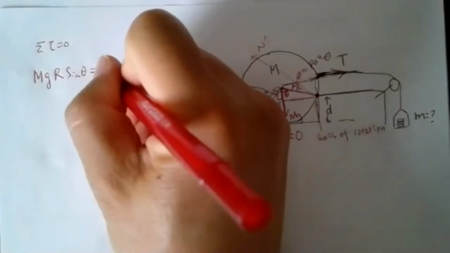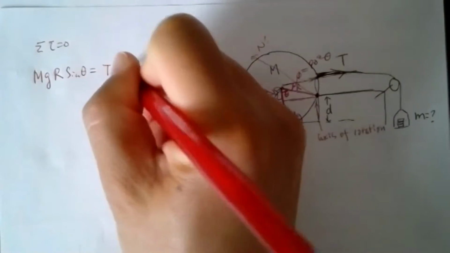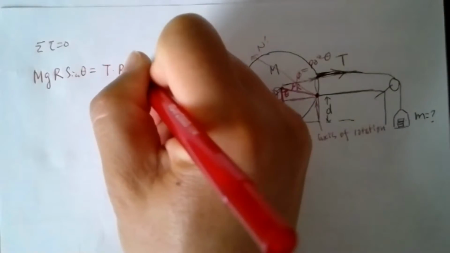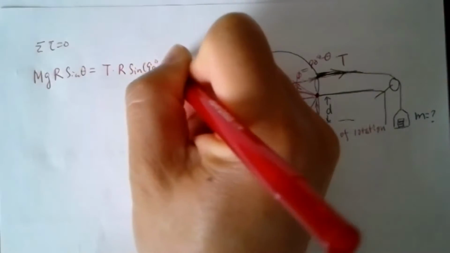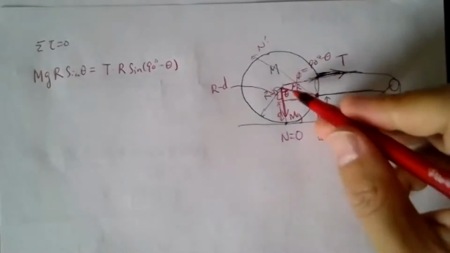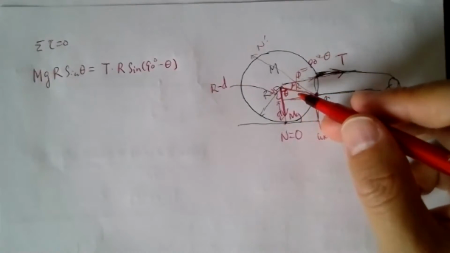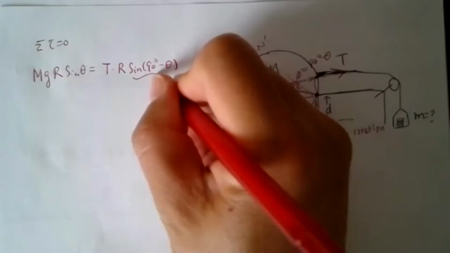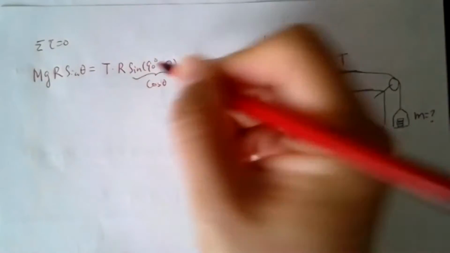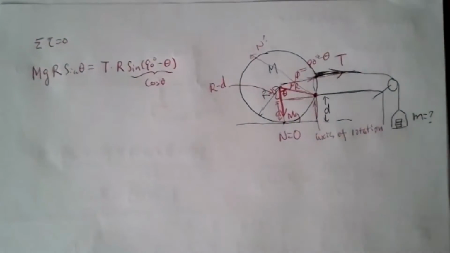So that would be tension times R times sine of 90 degrees minus theta, and sine of 90 minus theta is cosine theta.